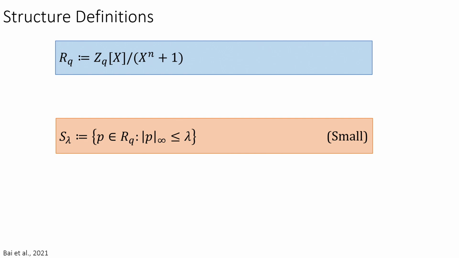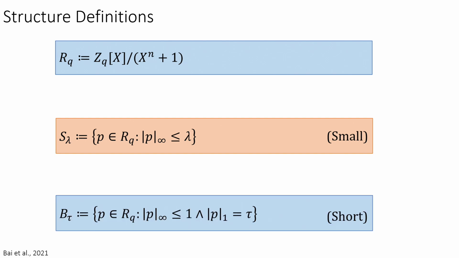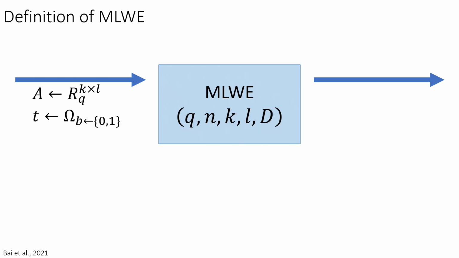We can define S_lambda, which is the set of all polynomials in R_q where the maximum infinity norm, or basically the maximum coefficient, is less than or equal to lambda. We also call these elements small elements of R_q. We also define B_tau, which is the set of all short elements of R_q. These are polynomials where there are tau coefficients equal to 1, and all of the remaining coefficients are equal to 0.